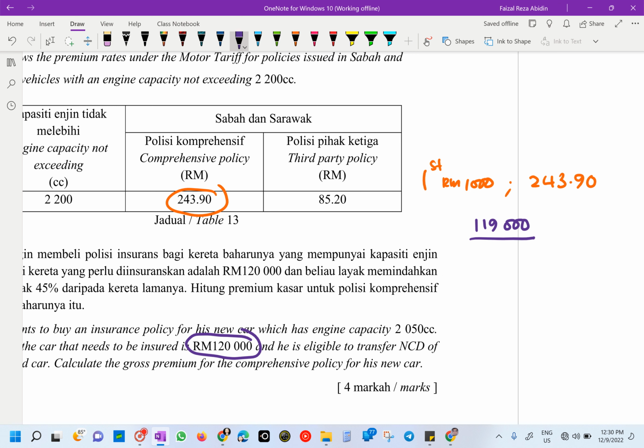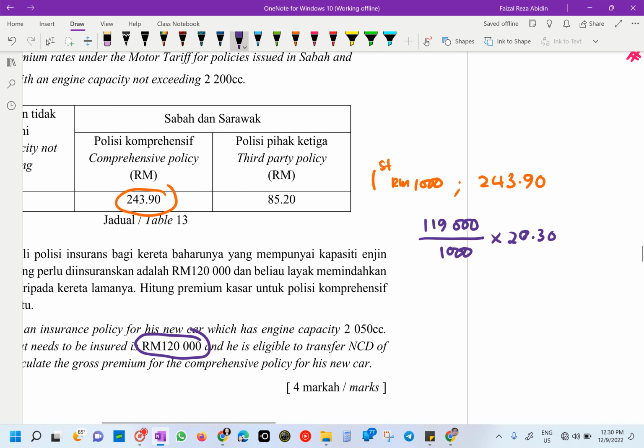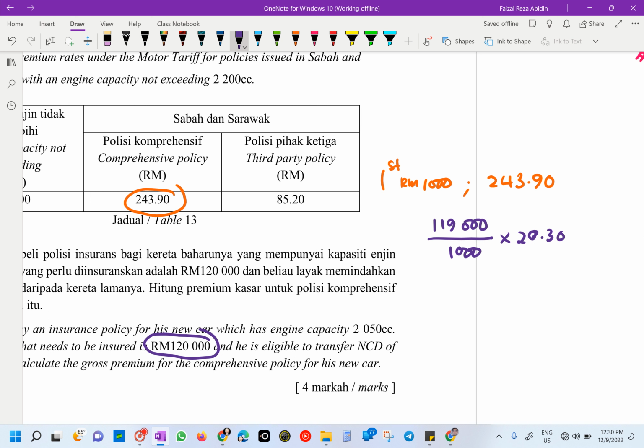Okay, for each of our 1,000 there, you are going to times with 20 ringgit and 30 cent. So just now you have 243 ringgit 90 cent.